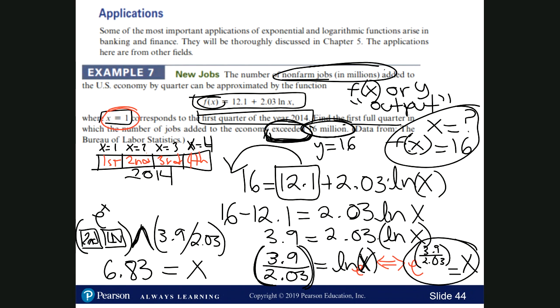So that will be the solution. Now, if my math lab was to ask you for the exact solution, this will be the exact solution: e to that power, just like that, without rounding. The approximated solution will be 6.83.